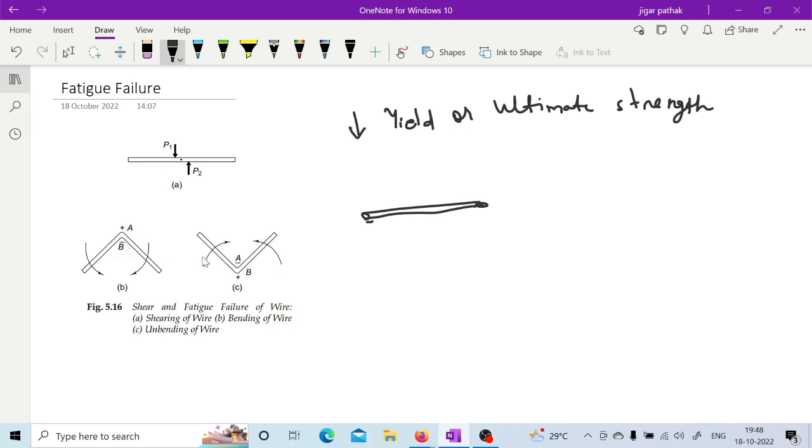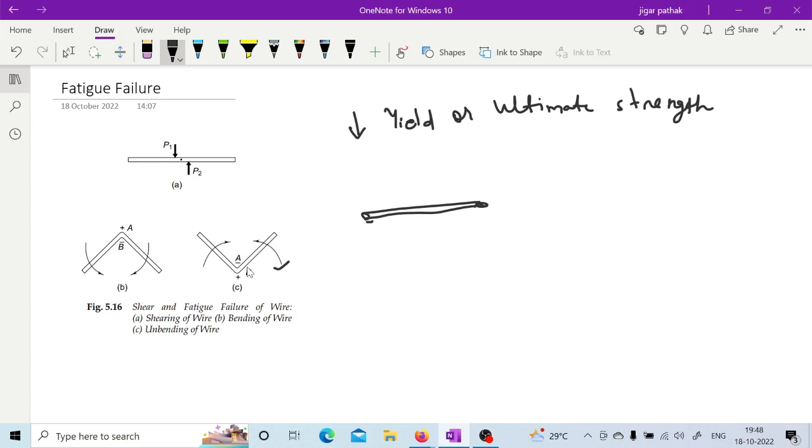Now if you go to the reverse side, as it is mentioned in this figure, what will happen? Reverse of what has happened earlier. So on that particular fiber, now compressive stresses are there, and on this side the layers are having tensile stress. So as you can see, there is continuous change in the state of stress, a reversal of load, right?